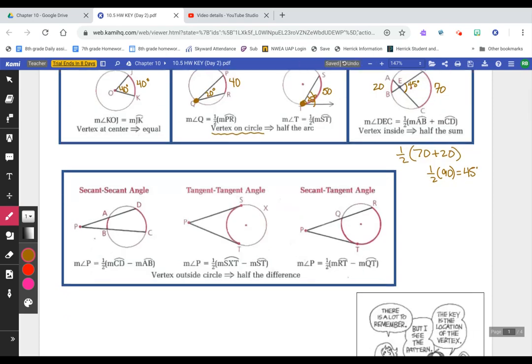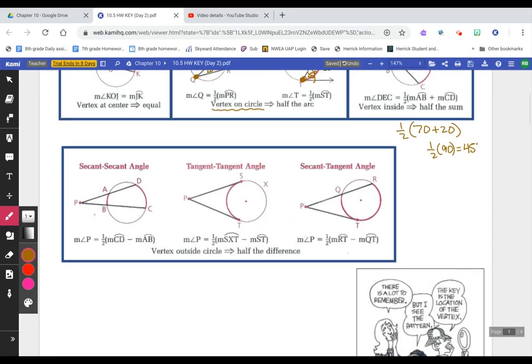Okay, for a secant-secant, a tangent-tangent, and a secant-tangent angle, all of their vertices are outside the circle. So outside, outside, outside. And the rule is the same for all of them. You take the arcs, you find the difference of the arcs and take half of that.